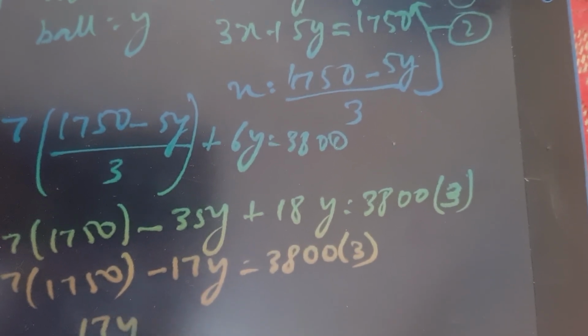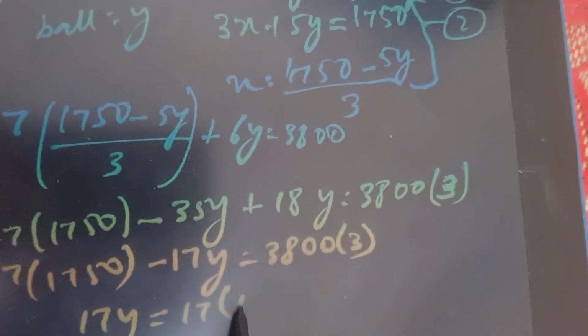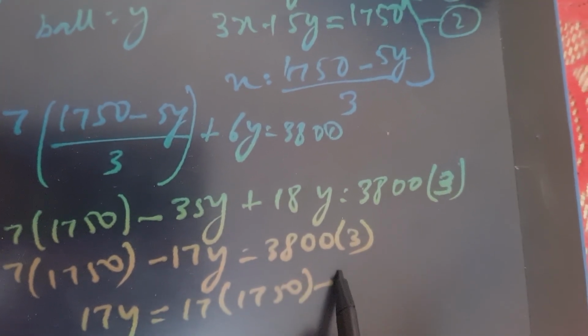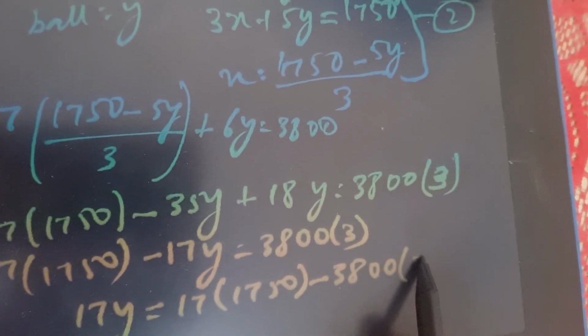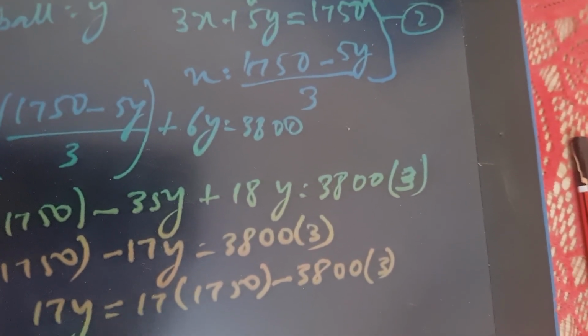So 17y is 1750 minus 3803, and we will divide this number by 17.